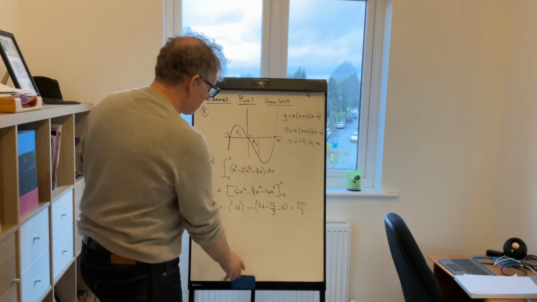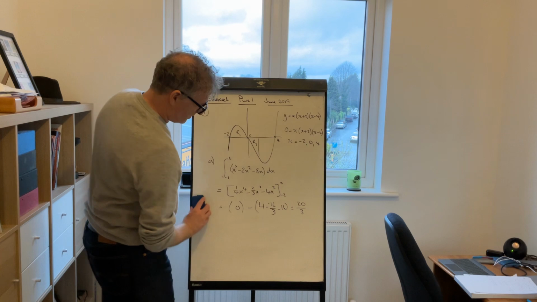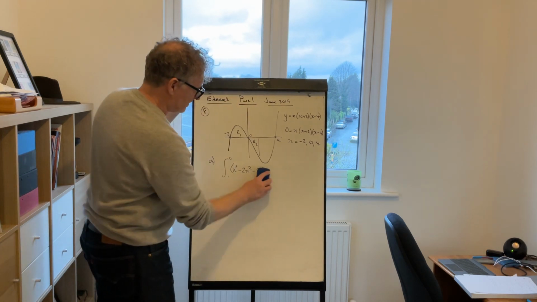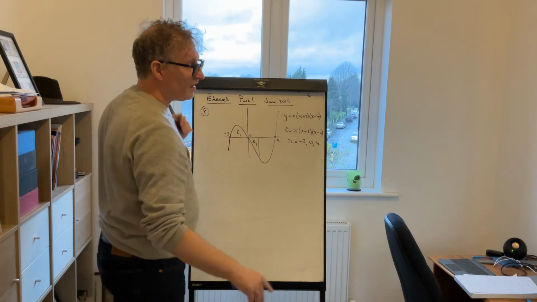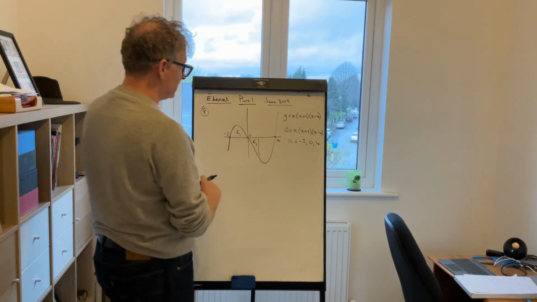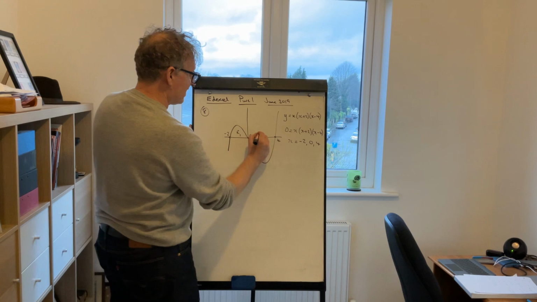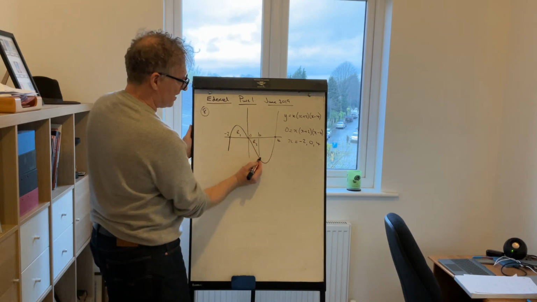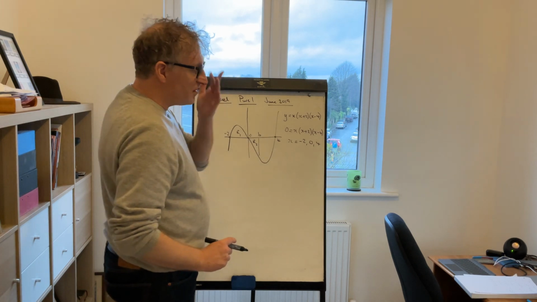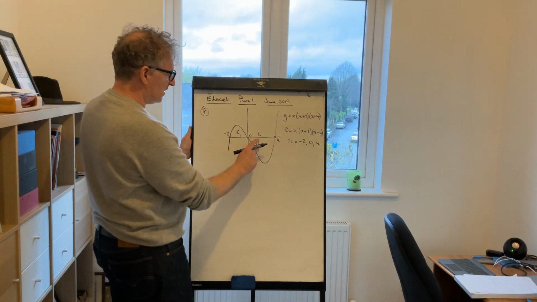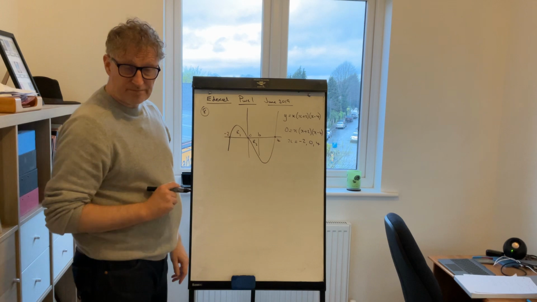Right, now it starts to get a bit more interesting. For part B, R2 is the region between 0 and b, so this is our x value of b here, such that the area of R2 is equal to the area of R1.